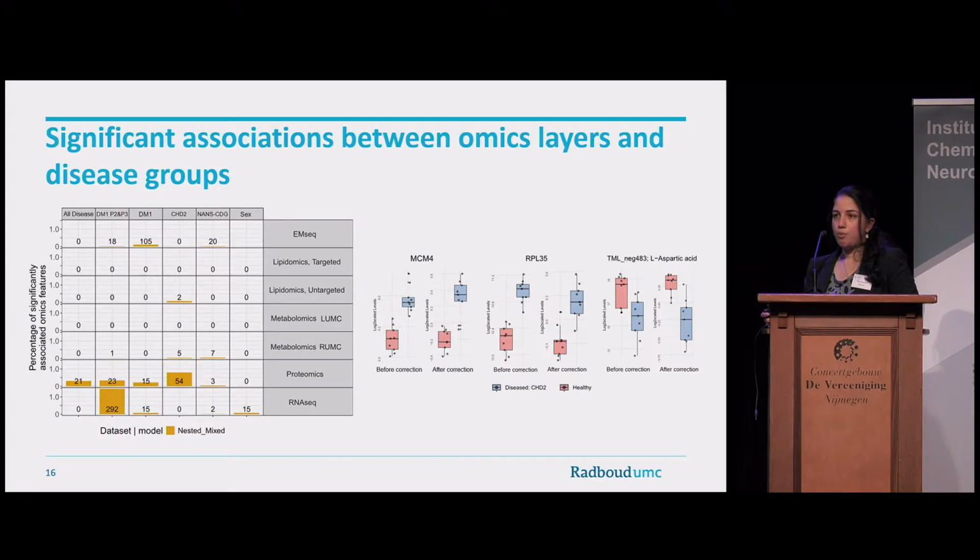This was able to provide us a better differentiation of some known markers, as you can see here for, say, MCM4 and L-aspartic acid. It was better after correction as compared to before correction. This also reinstated our trust in the workflow that we had implemented: identifying sources of variation, and then correcting for them.